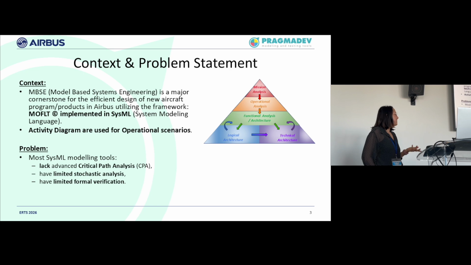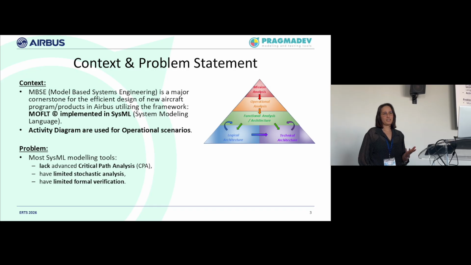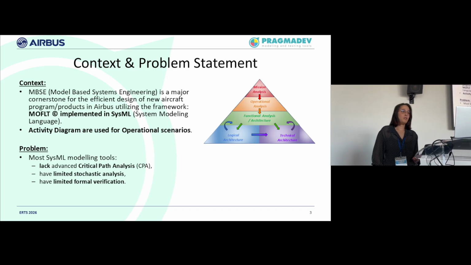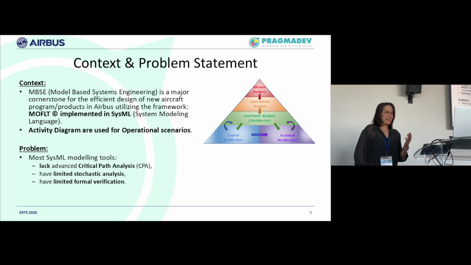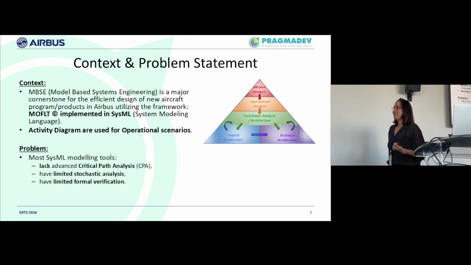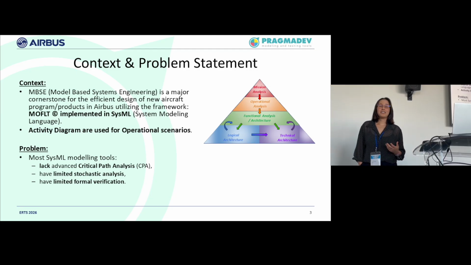They have limited stochastic analysis. This is linked to the uncertainty of the operations, because they may vary because of equipment that is not available or human resource that is not available, and so on. And the last thing is the limited formal verification of modeling. And this is why we started the exploration with Pragmadev to try to find a solution for this.